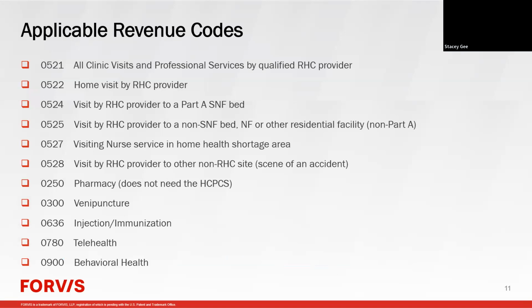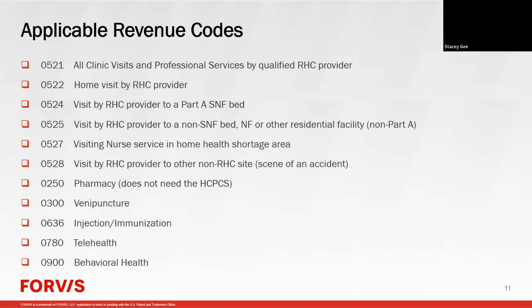Okay, applicable revenue codes. I've just provided a list here of all the revenue codes that Medicare has identified as being applicable revenue codes. The ones probably most recognizable or familiar are the 0521, which are your clinic visits provided by a qualified RHC provider, and then the 0900, which are your behavioral health type visits.